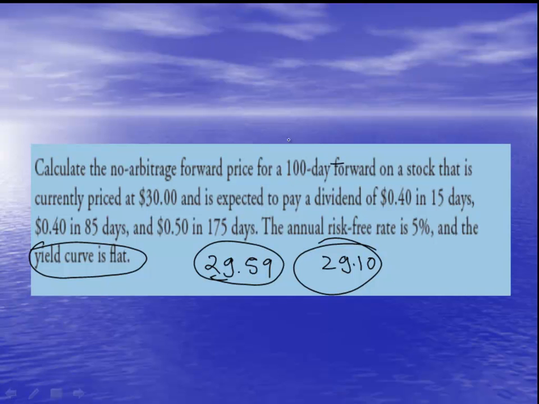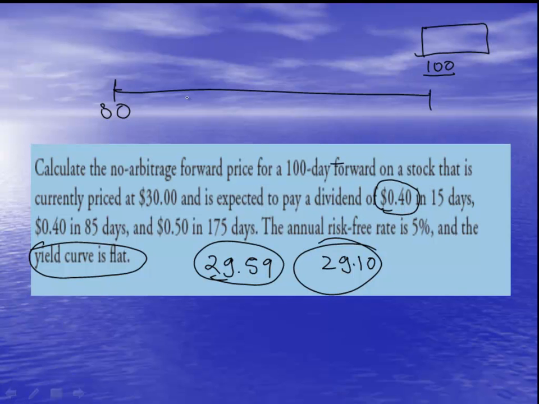We'll do it together for those who haven't done it. See, we'll draw a simple timeline. The current price of the stock is 30. It's a 100-day forward contract. We are being asked to find out the price here. Expected to pay dividend of 0.40 in 15 days.